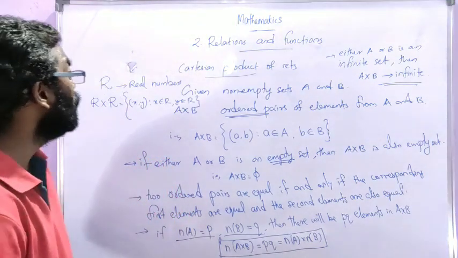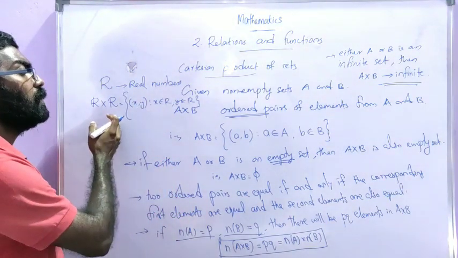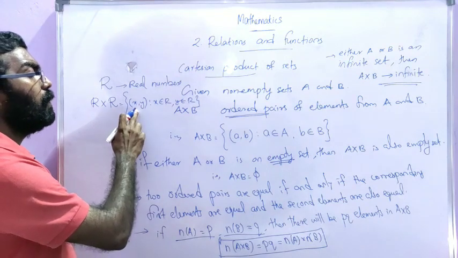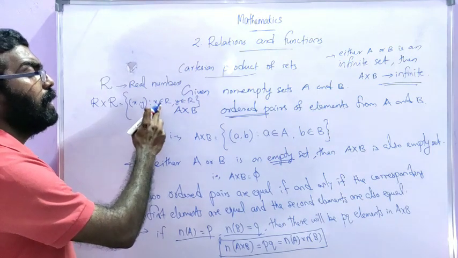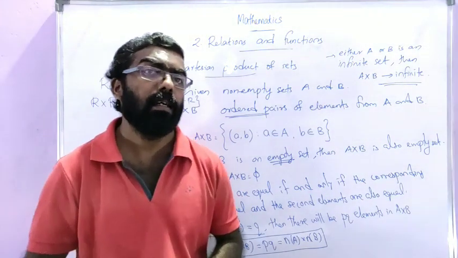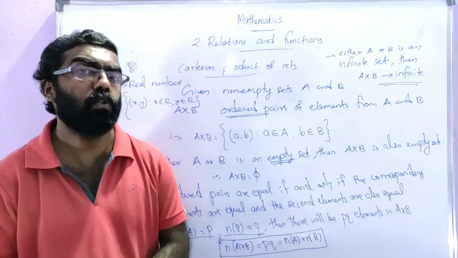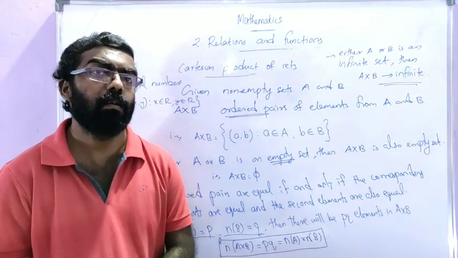I repeat, if R is the set of all real numbers, then R cross R is the set of all ordered pairs x comma y such that x comma y belongs to R, which represents the coordinates of all points in the two-dimensional space. Clear?